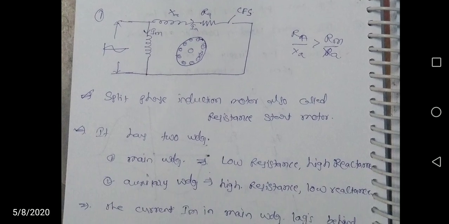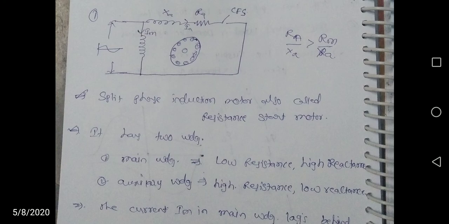A split phase induction motor is also called a resistance start motor, because only because of resistance is the angle developed between the Ia current and Im current. If there is no resistance in the auxiliary winding, then the currents Ia and Im are in the same direction and alpha is 0.